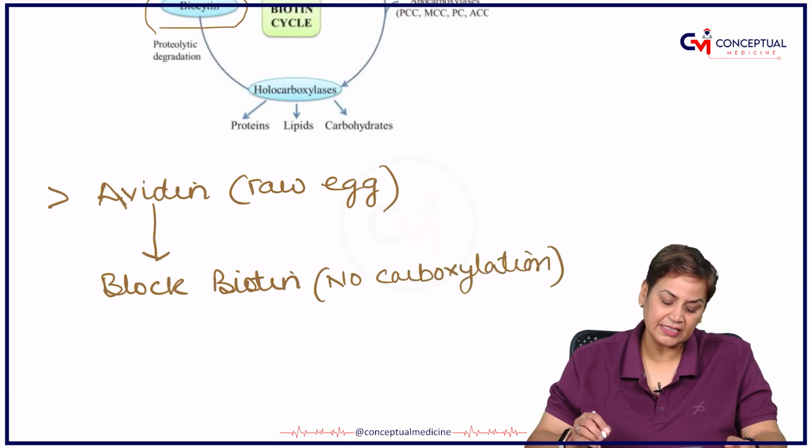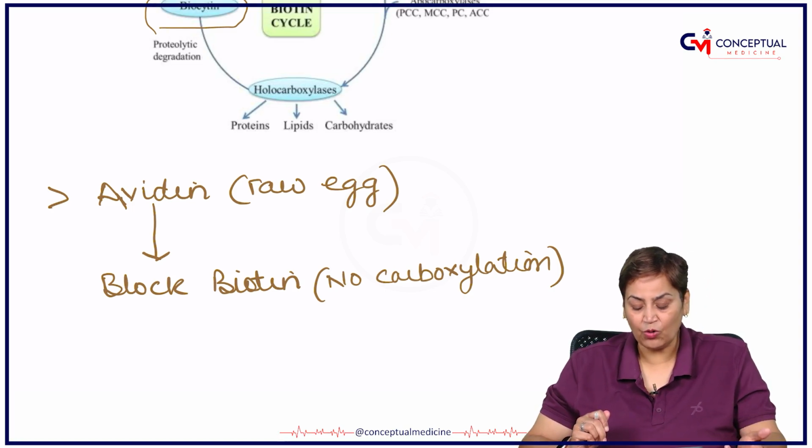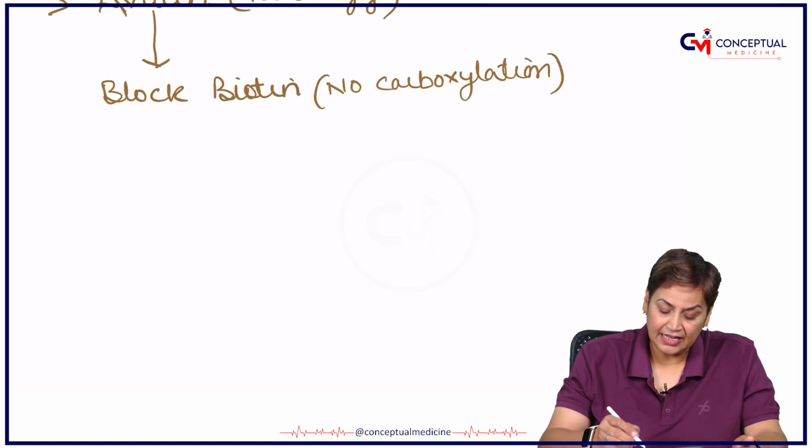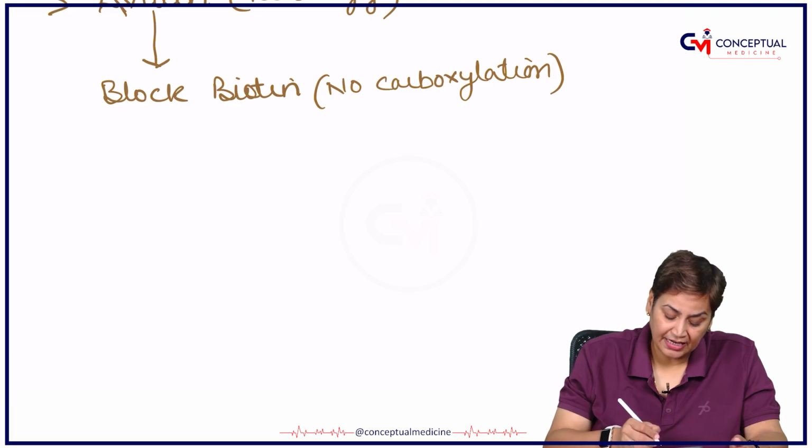Now the question is, since it is used as a coenzyme, in which main reactions is it used? We can say that there are biotin-dependent carboxylation reactions.